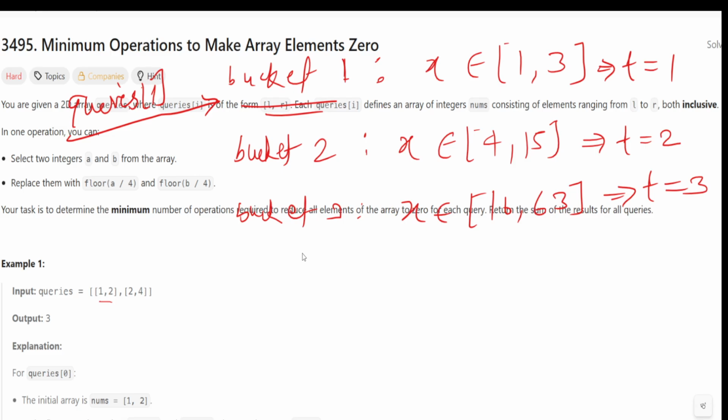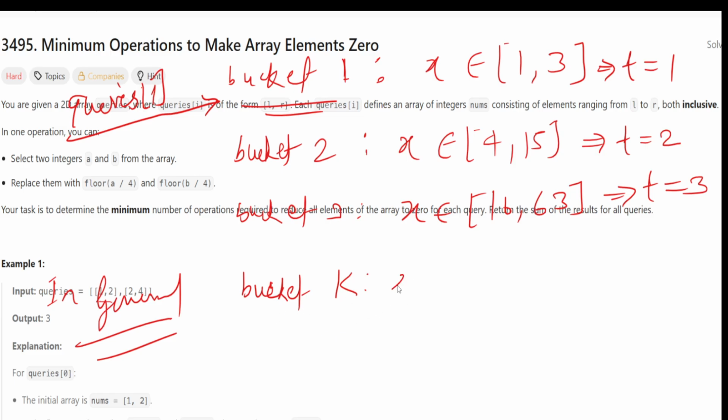So in general, can we say that we have a bucket called k? For bucket k, we are talking about queries at i, and this query is nothing but query k. So bucket k has some elements, and the lower bound is 4 to the power k minus 1.